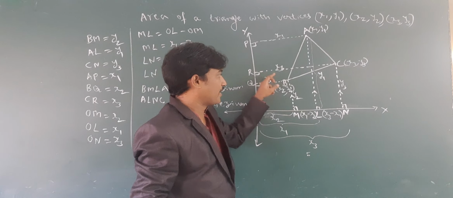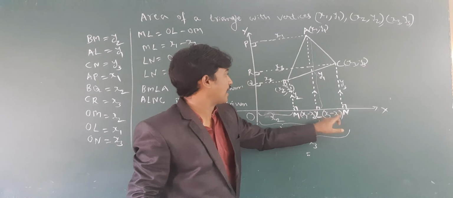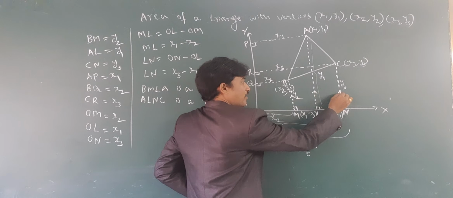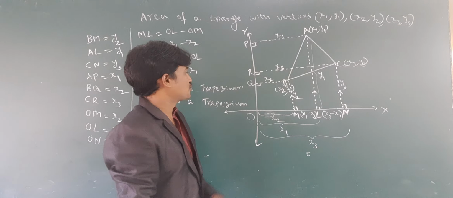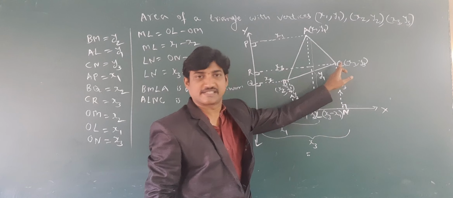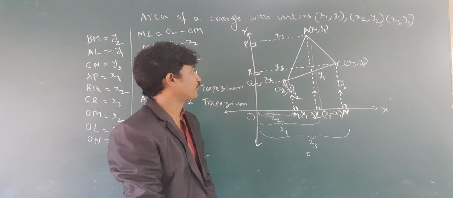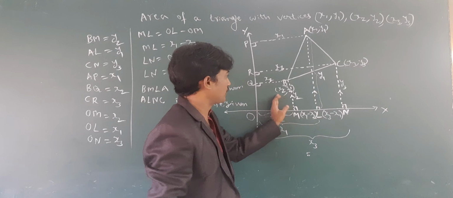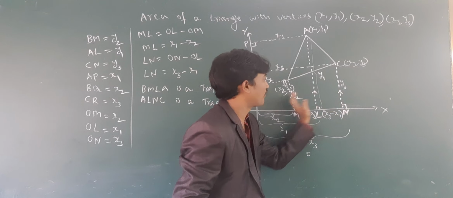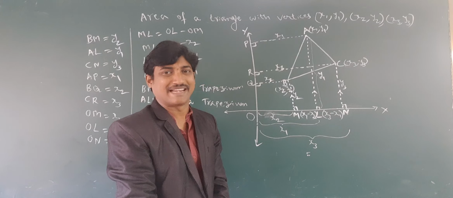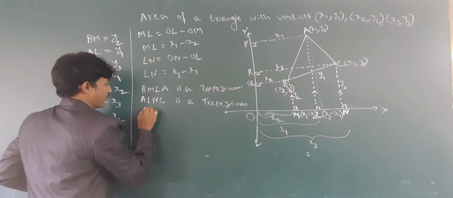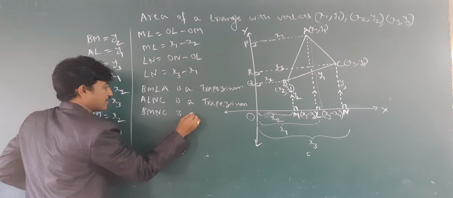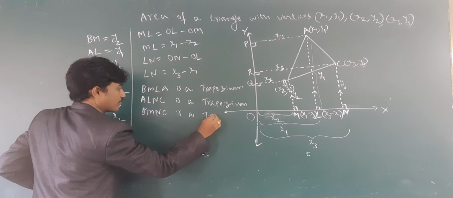In the same manner, in BMNC, one pair of opposite sides is parallel, so BMNC is also a trapezium.